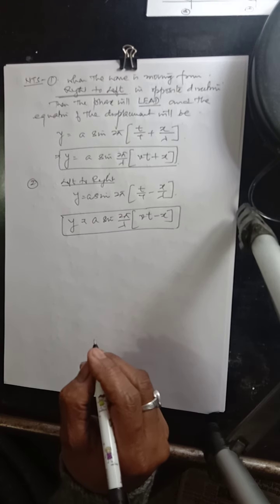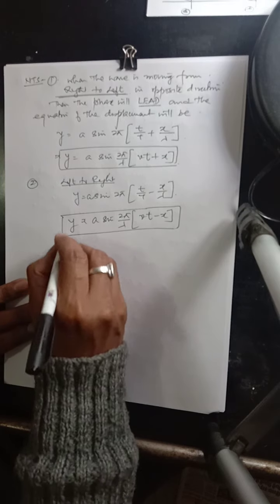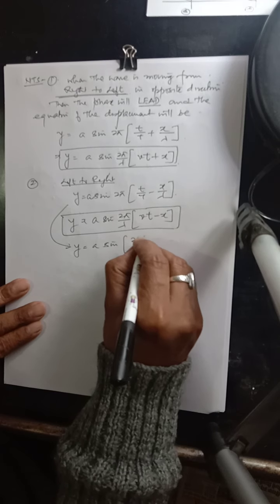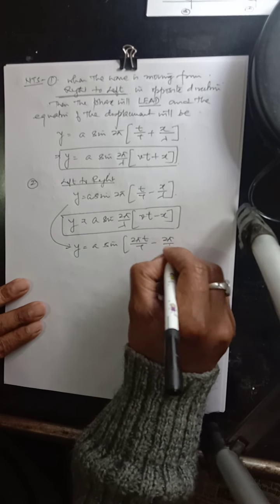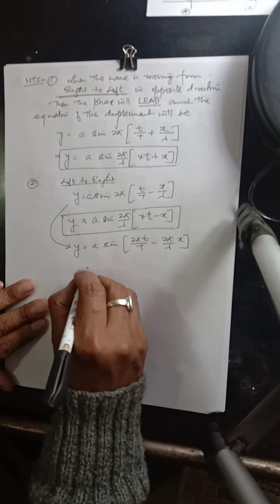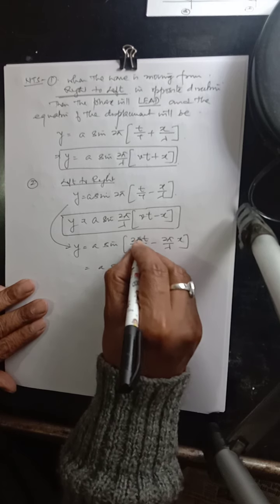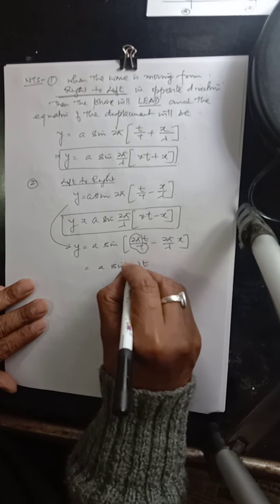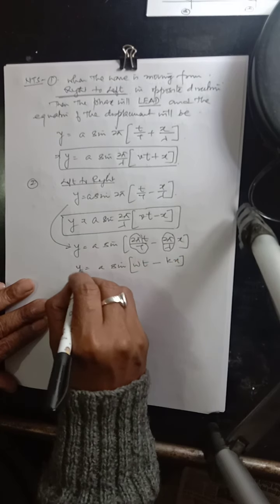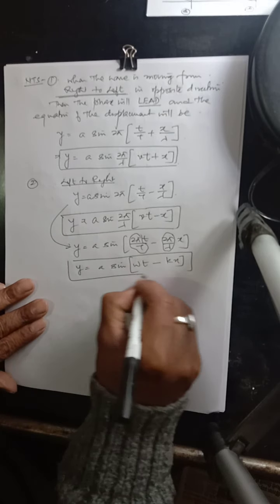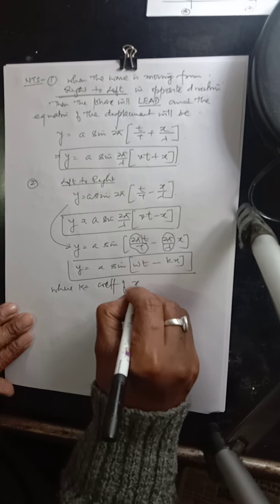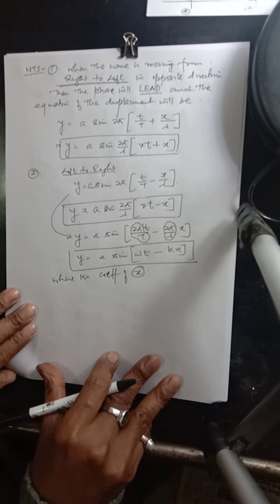As one form, we can also write here y equals a sine 2 pi t by T minus 2 pi by lambda with x. From here we can write it is a sine, this becomes omega t minus kx, where k is the coefficient of x, it is a constant.